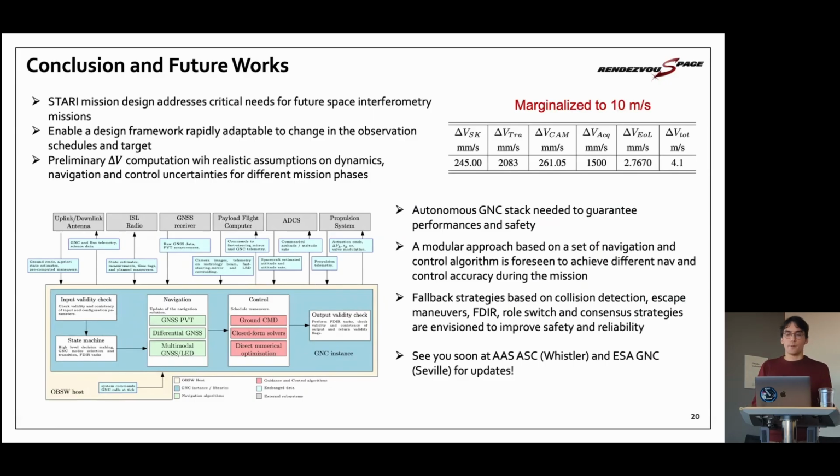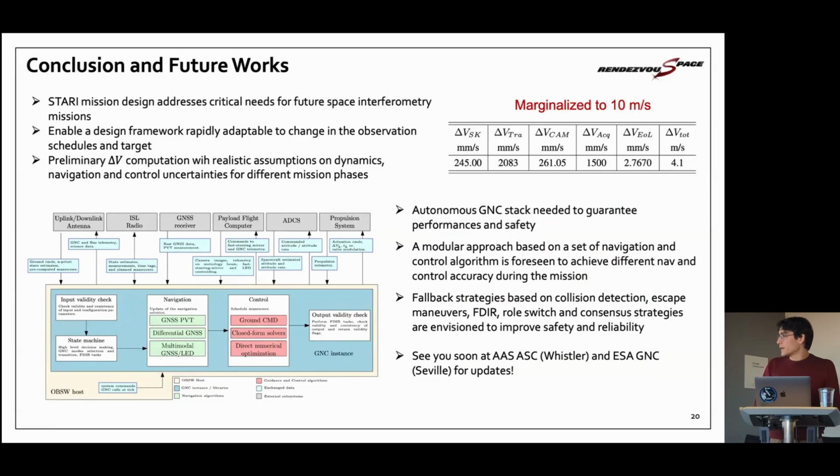This will also encompass a certain set of fallback strategies, collision detection and escape maneuvers, and chief-deputy role switch, which is very important for two reasons, both for contingency and to actually balance the ballistic coefficient so that the effect of drag is compensated. And yeah, so the design of the autonomous GNC system.